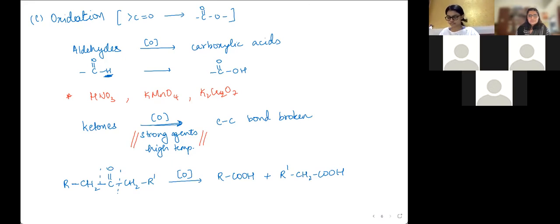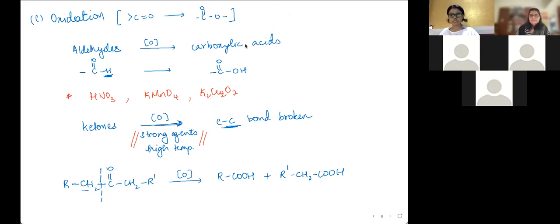So let me color code it so it's easy to follow. Which products are formed depends on which CC bonds are broken. So if this bond is broken, then this gets oxidized to COOH and this gets oxidized to COOH. So you get RCOOH and R' CH2 COOH.